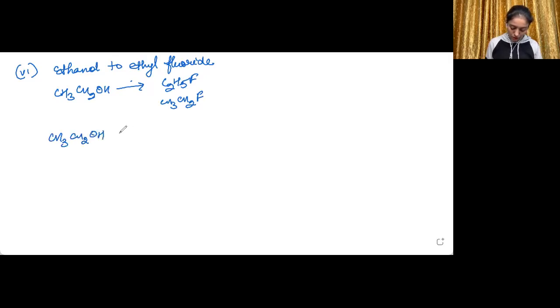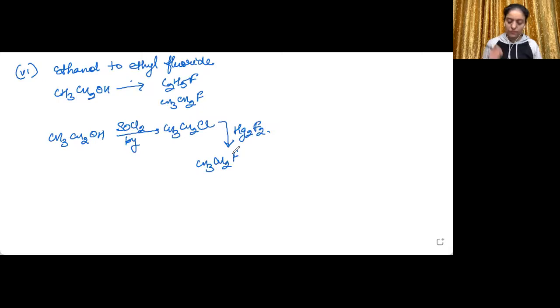CH3CH2OH, SOCl2 in the presence of pyridine gives CH3CH2Cl. Now, when we need to convert it into fluoride, the chloride needs to be converted into fluoride, and we will be treating it with Ag2F2. This will be the product formed.